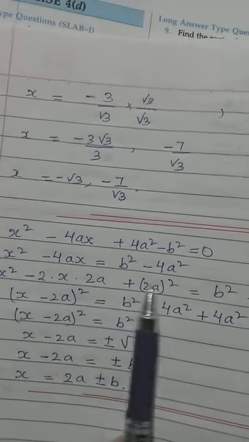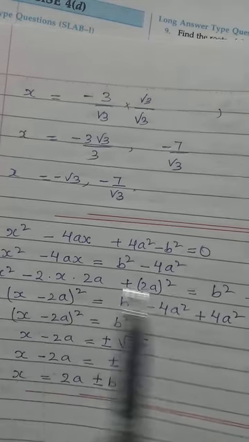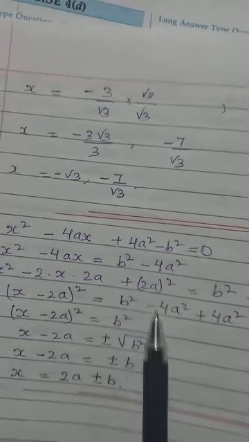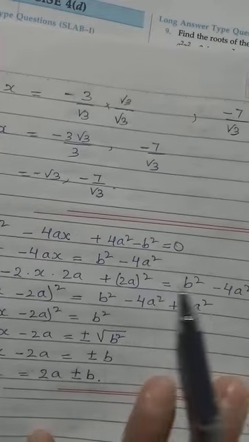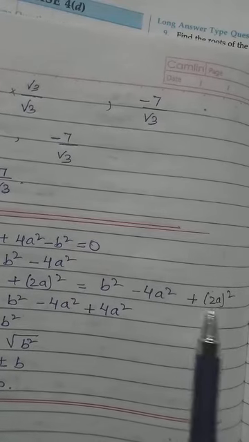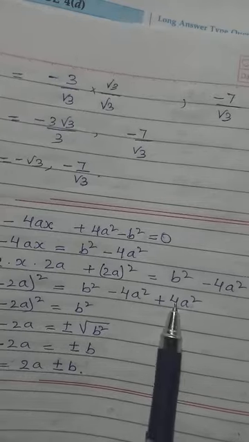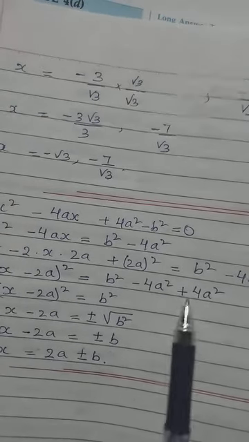Then now this is a formula a minus b whole square. We write it in the short form. Then b square, here we will have b square minus 4a square, then plus 2 into 2, 4a. So minus 4a plus minus 4a square, 1 plus 1 minus.